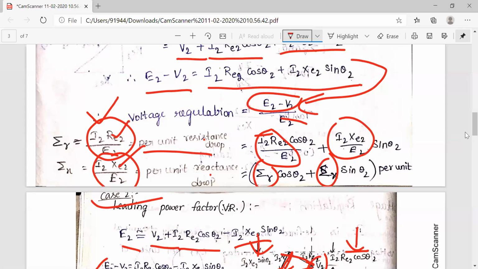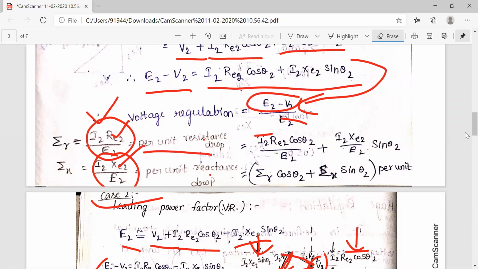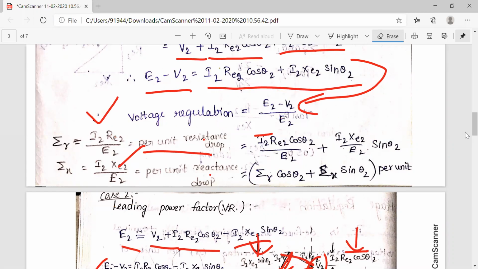Voltage regulation equals sigma r cos theta 2 plus sigma x sin theta 2. Sigma r means per unit resistance, sigma x means per unit reactance. So this is the voltage regulation for lagging power factor.